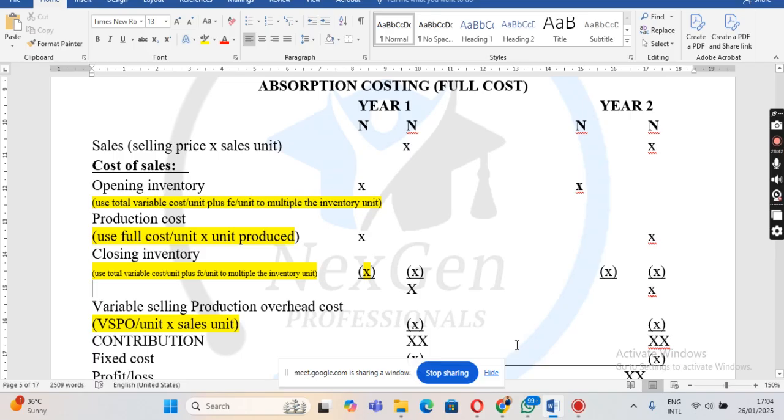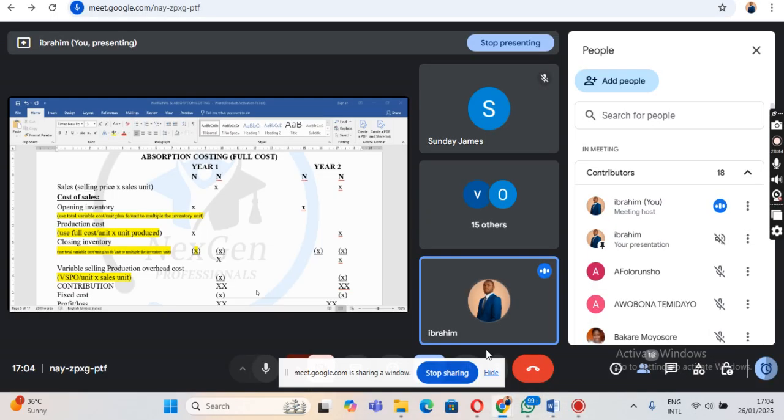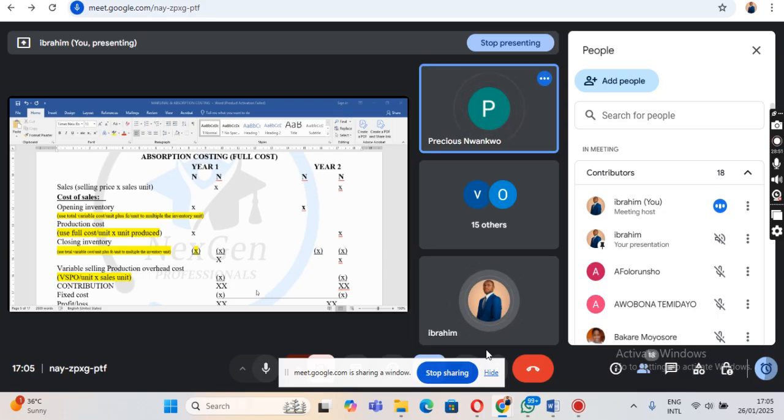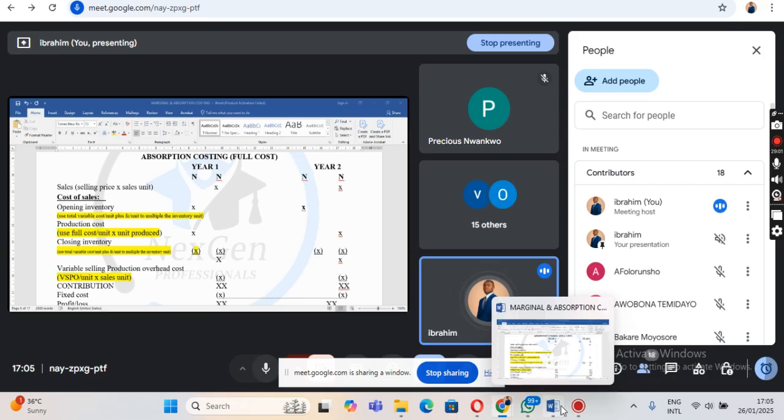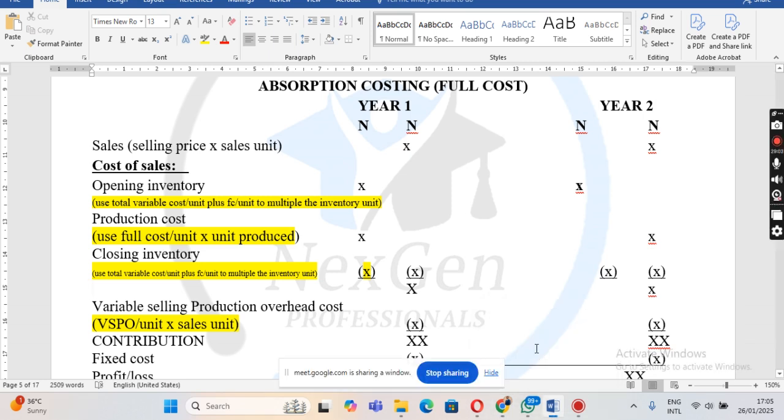You have the cost of goods sold, which is still the same thing as cost of sales. That is why we have the cost of sales in that part.